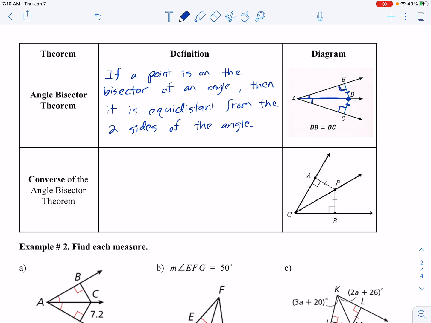Okay, let's do the converse. The converse would state that if a point in the interior, point P, is the same distance to the two sides of an angle, then it's on the angle bisector.